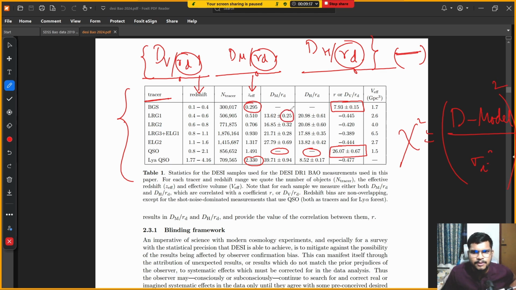Sigma is basically this plus and minus. Because this data set does not contain a very vast amount of error, the error bar is not very large, you do not require any covariance matrix. So for each data set you can simply calculate sigma i, square it, and you will get the chi-square for any data set. All right, now it is clear.